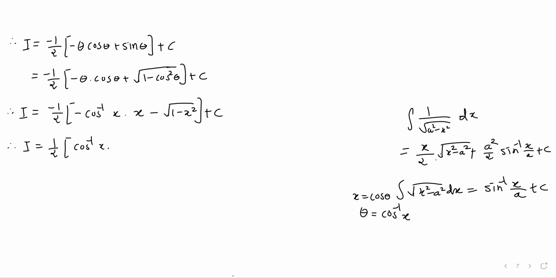Cos inverse x into x, minus, sorry, minus and minus so plus, here also it is plus, so it becomes minus. This one is your final answer. Got it? Clear, all of you? Okay.